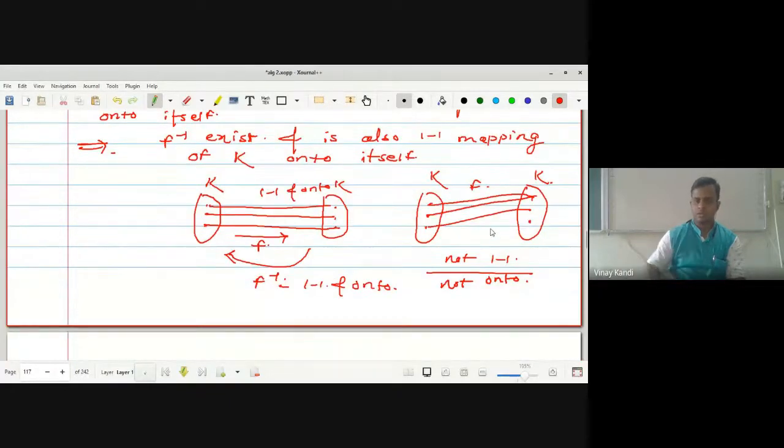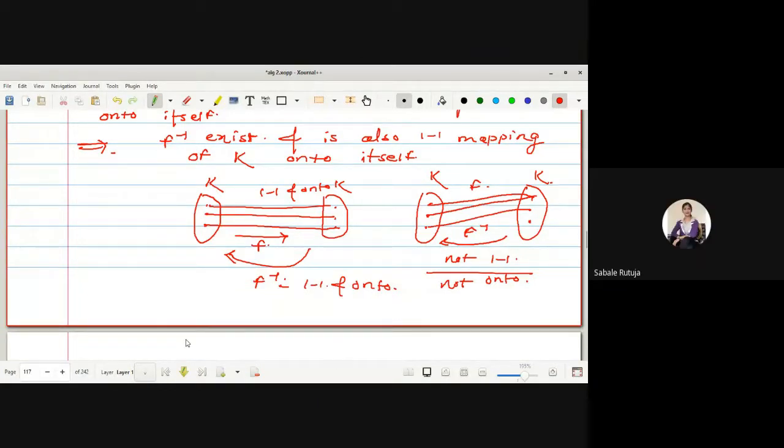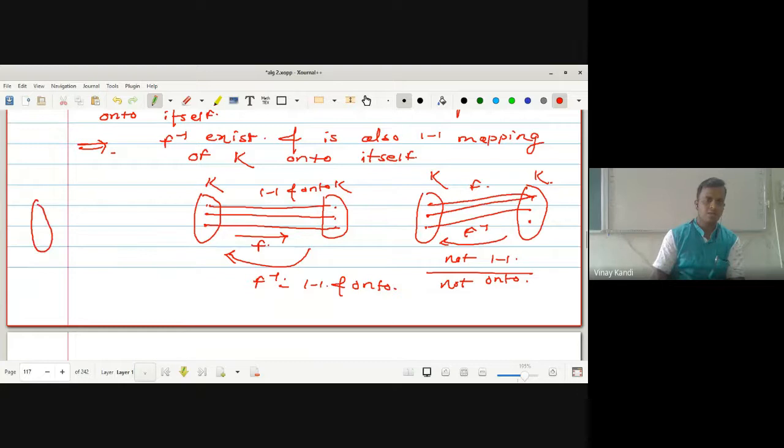Now, can you define the F inverse from the codomain to domain? No, sir. जर डिफाईन जरी करण्याचा प्रयत्न केला तर काय होईल? आता हा K इकडे आलाय तुमचा. ओके. This one is the codomain. Now this is F inverse. 1, 2, 3. 3 elements. आता हा फर्स्ट एलिमेंट कोणाला मॅप होईल? या दोन एलिमेंट्सला.